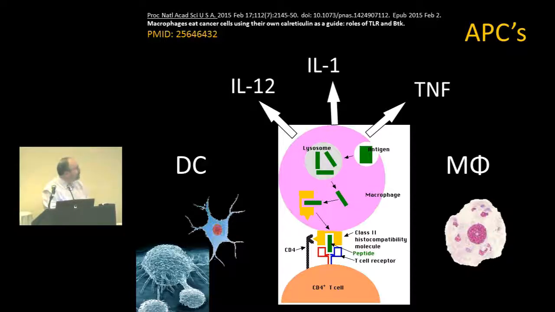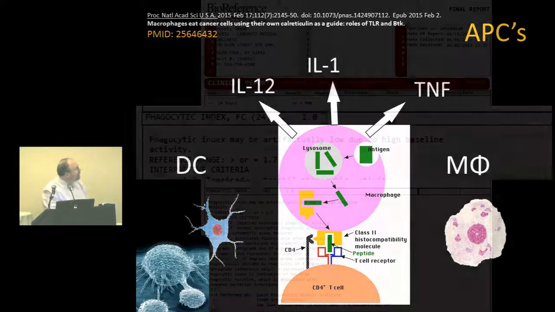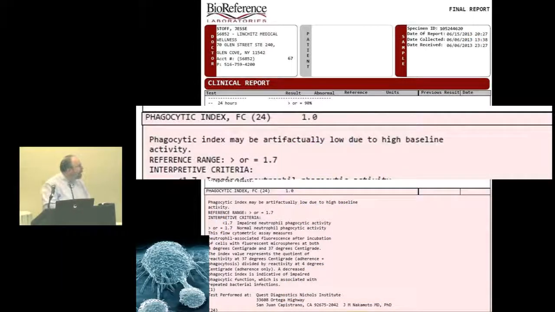All right. So phagocytic index, I mentioned that before. This is a way of measuring the activity of macrophages. At this point in time, there is no blood test that is available to measure the activity of dendritic cells. There's that experimental test that I showed you before, which will test for certain kinds of dendritic cells, the plasmacytoid dendritic cell in the blood, which is not very useful if you're trying to kill a solid cancer, okay?